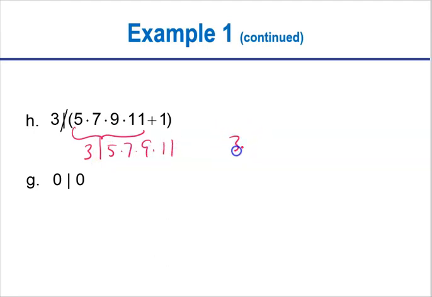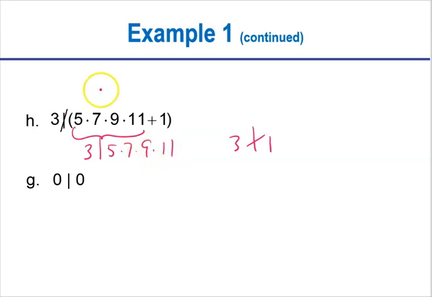And does 3 divide 1? Now, both of these would have to be true for 3 to divide the sum. I would argue that 3 does not divide 1. 3 does not divide into 1 with a 0 remainder.